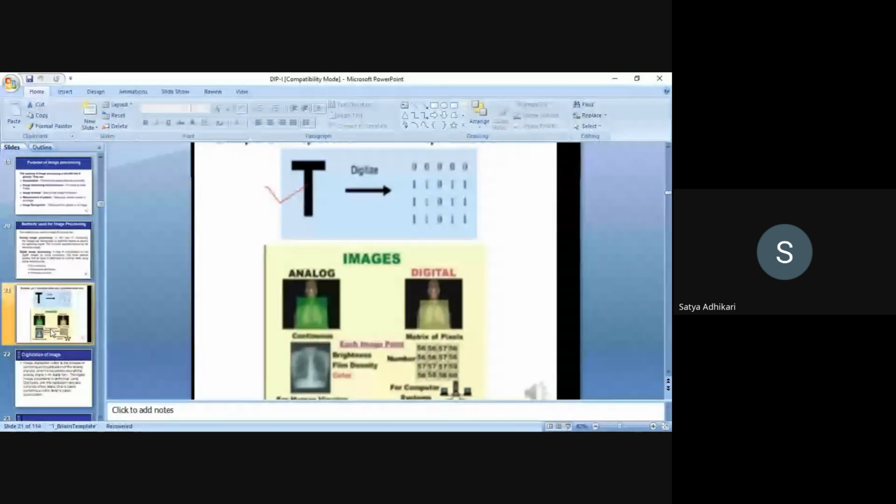So these are the different gray level values. As you know, the gray level values range from 0 to 255. You see the different gray level values are there.